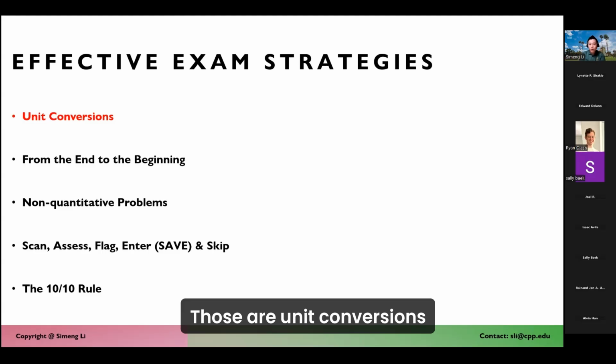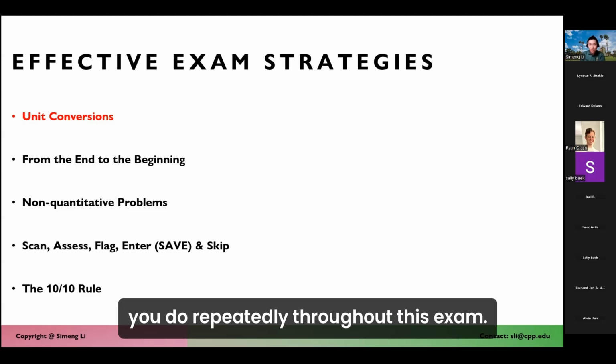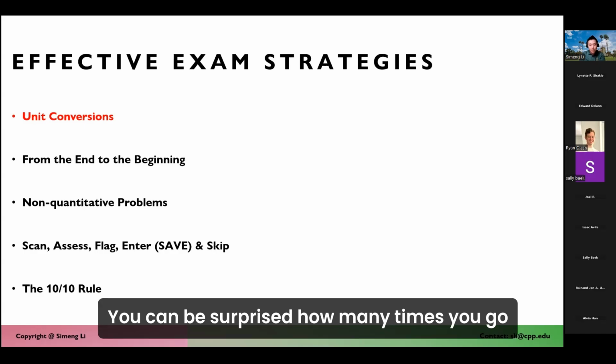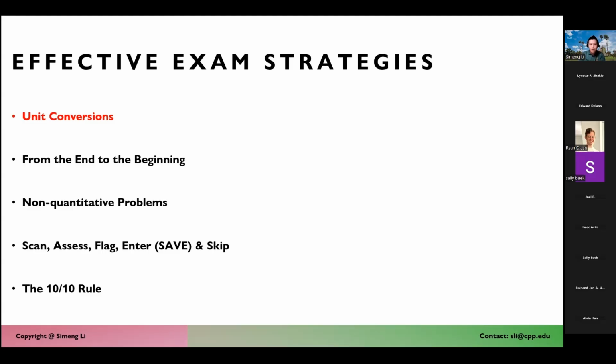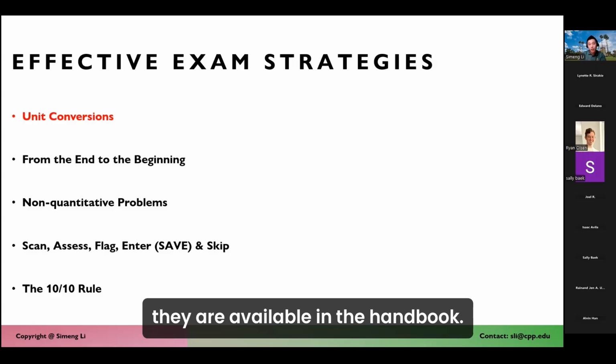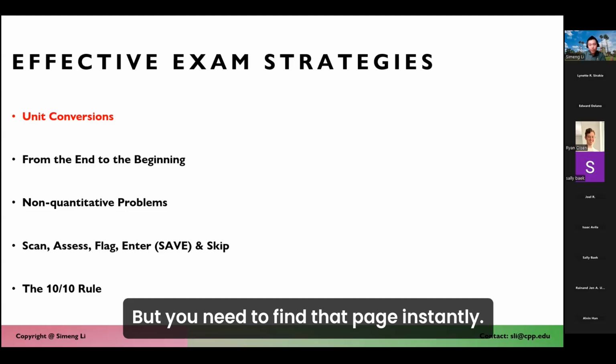Those are unit conversions you do repeatedly throughout this exam. You can be surprised how many times you go back to the same page to find those unit conversion factors. And these unit conversion factors are available in the handbook, but you need to find that page instantly.